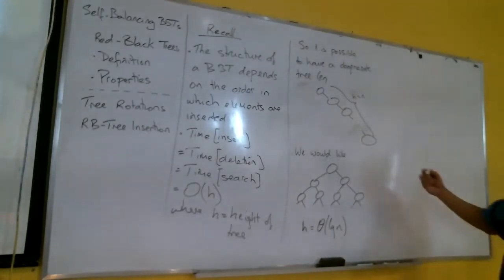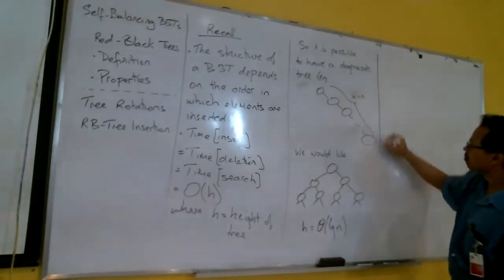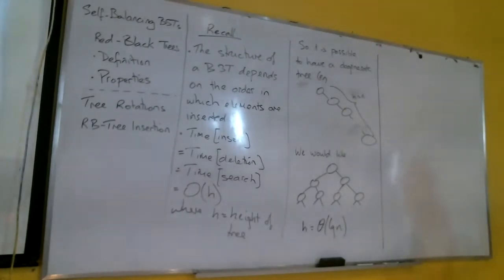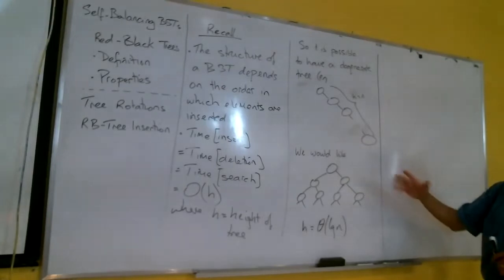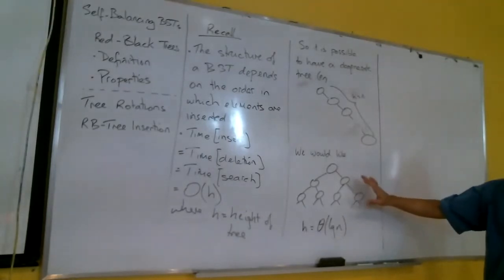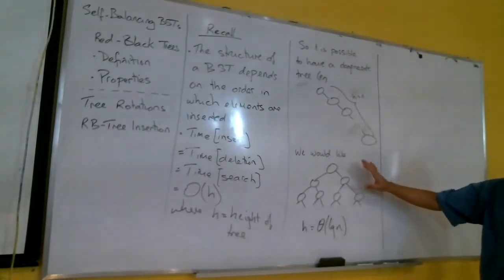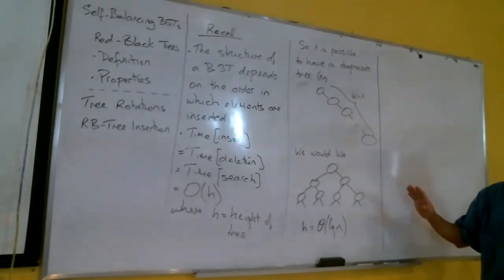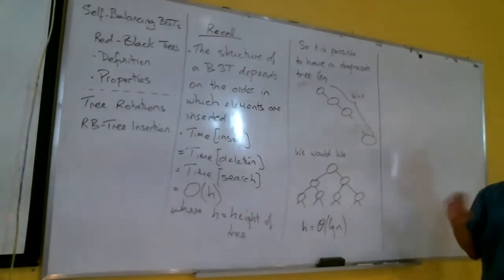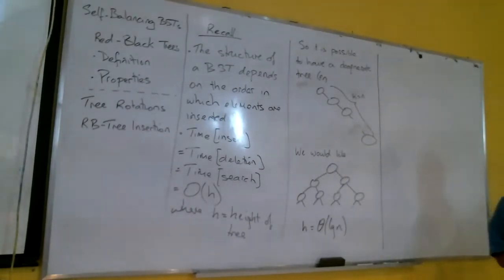So what's the fix? What we want is self-balancing binary search trees. Self-balancing binary search trees will aim to construct a tree such that the difference between the longest path lengths from the root to any leaf won't be too large.